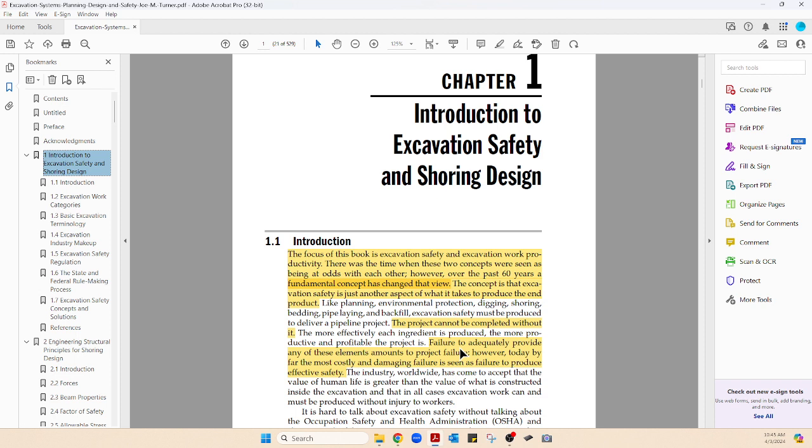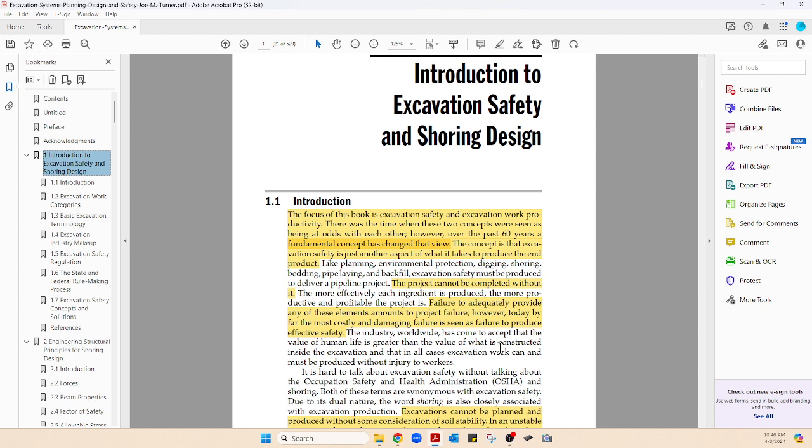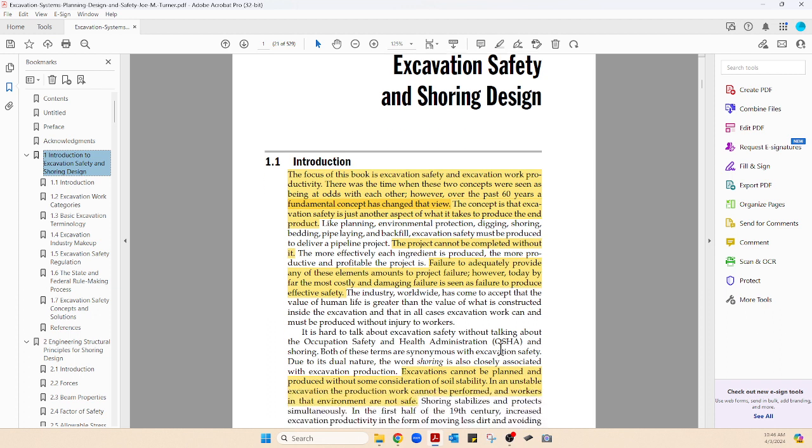Failure to adequately provide any of the elements amounts to project failure. Now, however, today, by far the most costly damaging failure is seen as failure to produce effective safety. And I'm not going to read this whole chapter. I just wanted to point out some things.